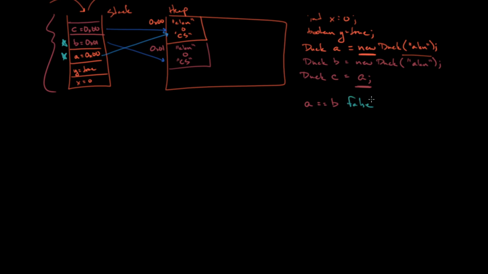False. On the other hand, when I compare A with C, these are the same memory location. This is true. I didn't give enough equals there, did I? Equals. Okay, so what the double equals operator does is it compares the values of the variables that they're holding in the stack. It doesn't touch the heap at all.